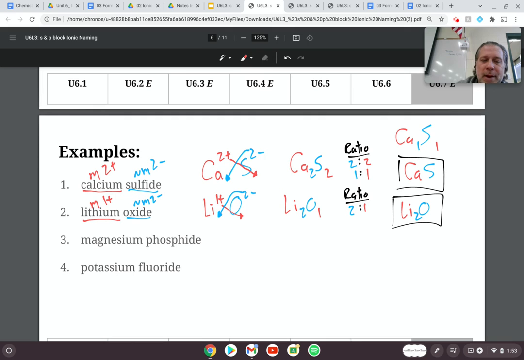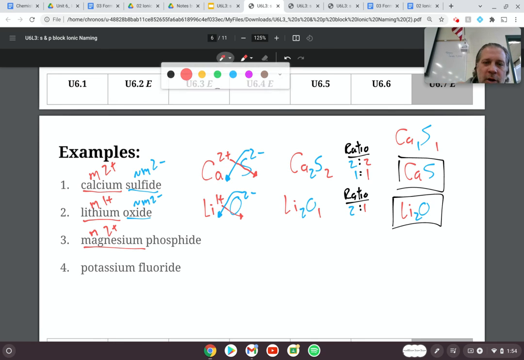Now, I'm going to have you guys give magnesium phosphide a try. So, ready, set, try magnesium phosphide, please. Okay, so hopefully you identified magnesium as your metal, and it had a +2 charge. And you identified phosphide as your nonmetal, and it had a -3 charge.